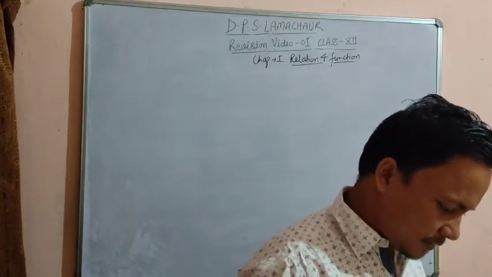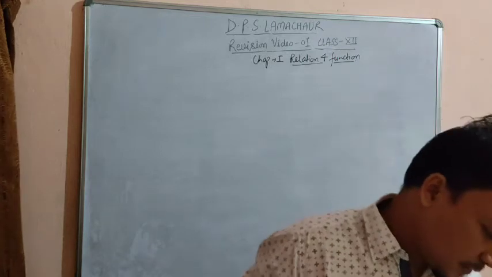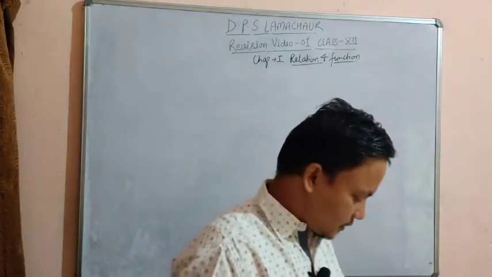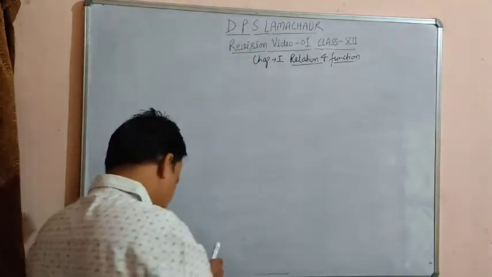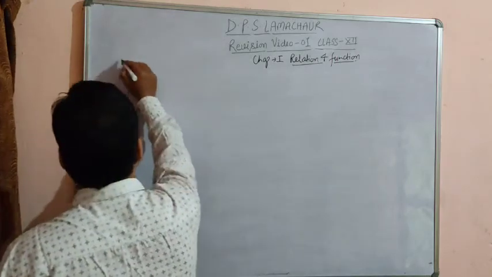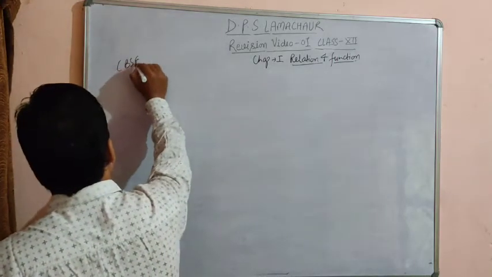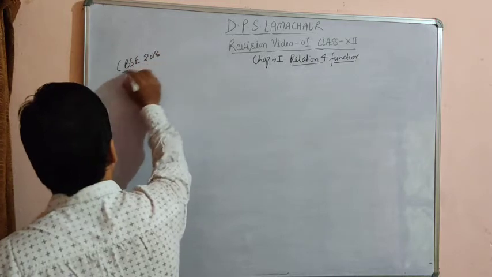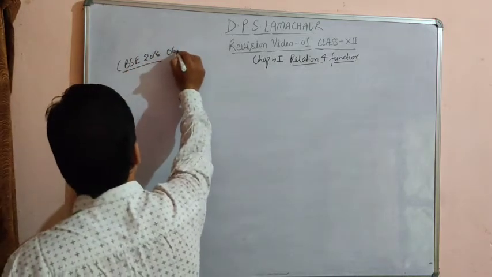The very first question is of 6 marks, and this comes from CBSE 2018, ठीक है, लॉन्ग क्वेश्चन है ये of 6 marks.